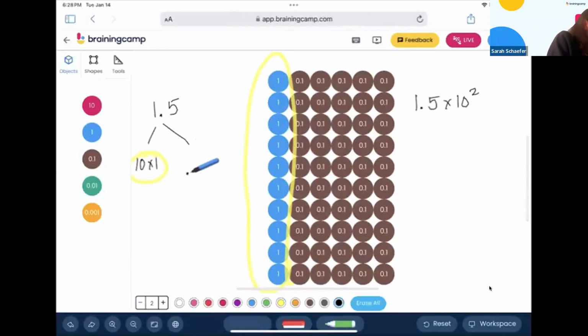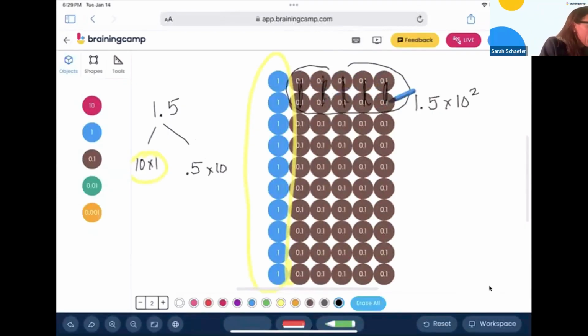I have this half. And what does it mean to take a half 10 times? Some students might say, well, a half 10 times, we can see we get 1, 2, 3, 4, 5, that 5/10 there.